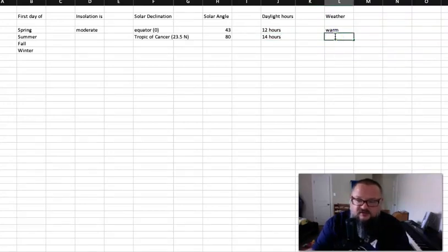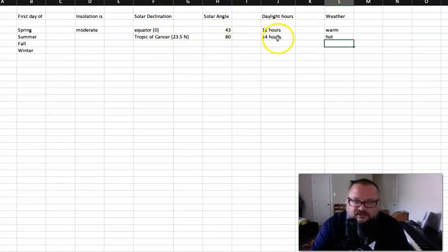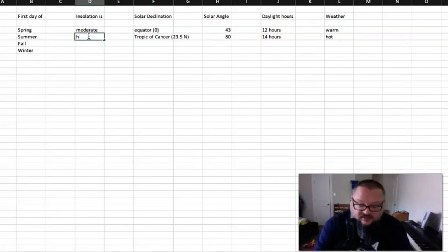We're just trying to understand how this works over the course of the year. What's the weather like on the first day of summer? It is hot, man. The solar declination is close to us, the solar angle is super high, and hours of daylight, boom, lots of them. The weather's hot. Our insolation is going to be high, very high.